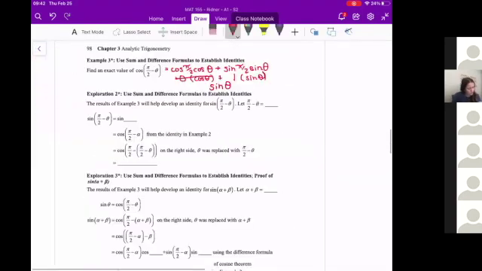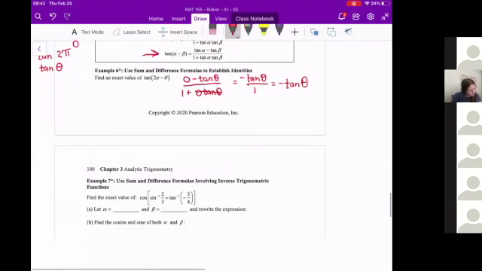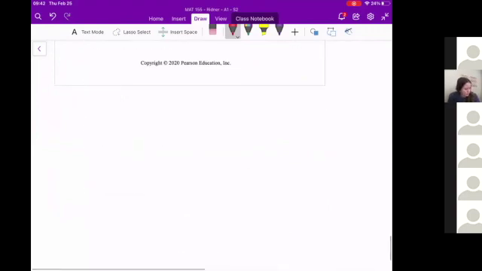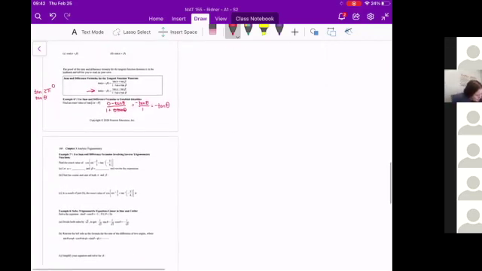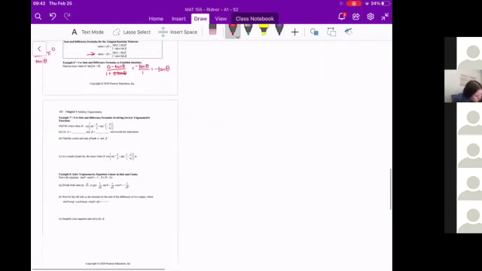I'm just going to go down here at the bottom. So if I'm doing tangent of 15 degrees, we already talked about earlier, we can use 45 minus 30.